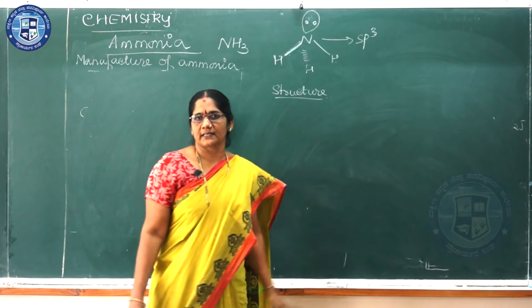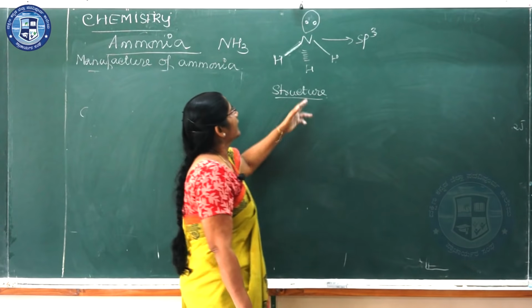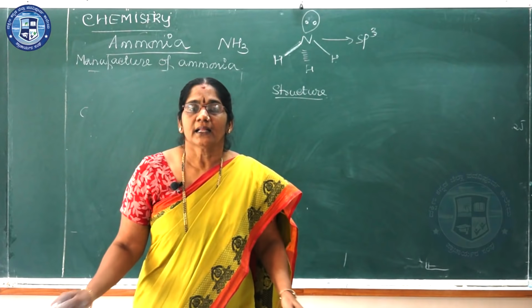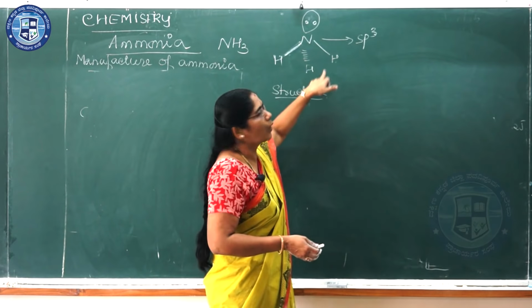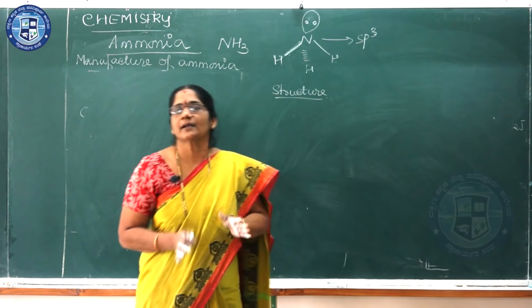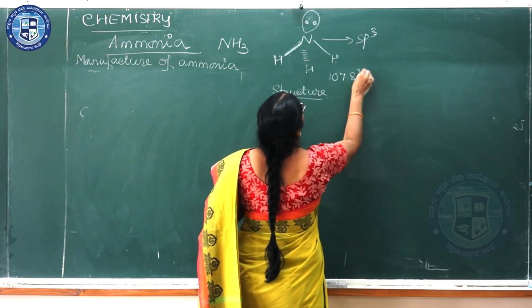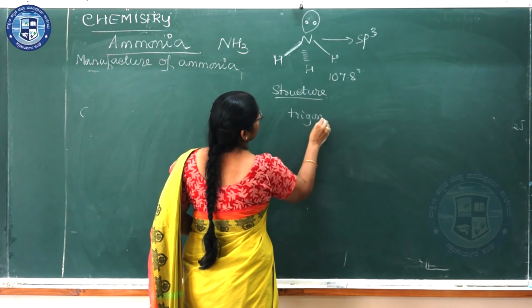Actually the expected structure is tetrahedral with bond angle 109.5 degree, whereas according to VSEPR theory, the repulsions exerted by the lone pair on the bond pairs decrease the bond angle to 107.8 degree, and the structure is called trigonal pyramidal.